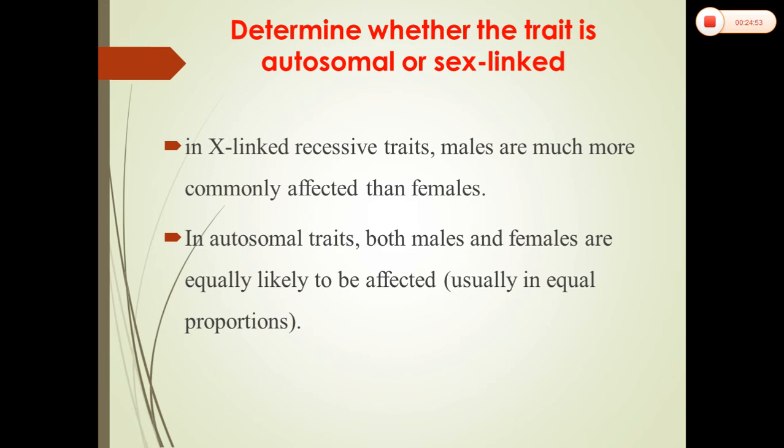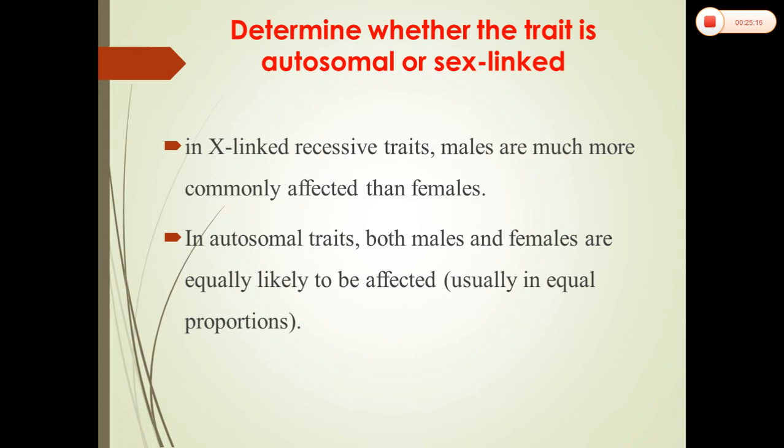Suppose in the given pedigree you find more male progeny affected, then that shows it is X-linked inheritance, because if the mother is affected, that mother will give her X chromosome to all sons, while a daughter will receive an X chromosome from the father.